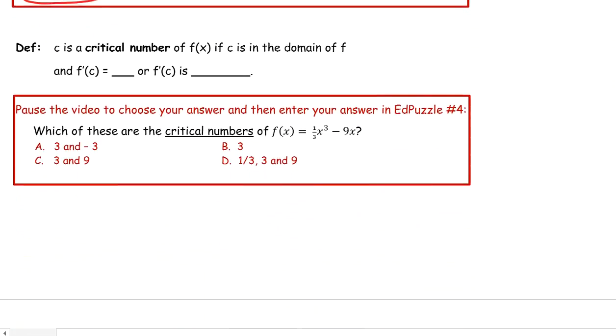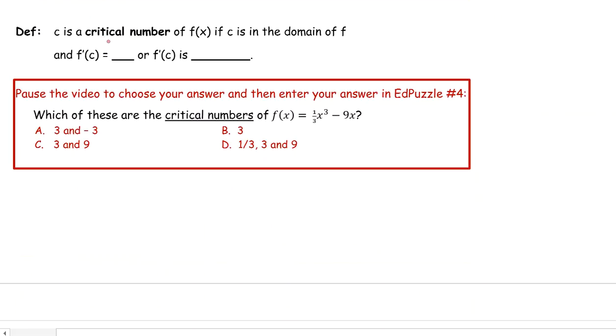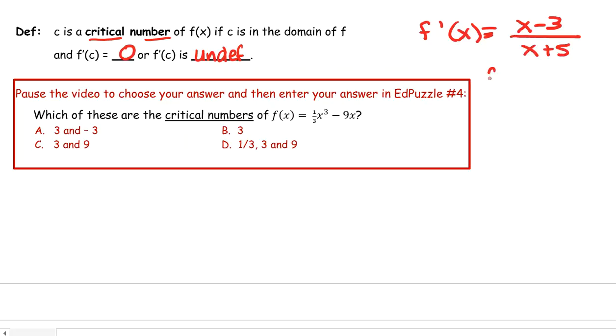All right, a term we haven't really used yet is critical number. c is called a critical number of a function f if c is in the domain of f and the derivative f prime of c is equal to 0 or is undefined. So let's say the derivative of some unknown function is x minus 3 over x plus 5. f prime of x is equal to 0 when x is equal to 3, so that would be a critical number.